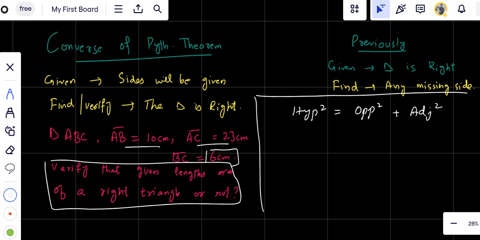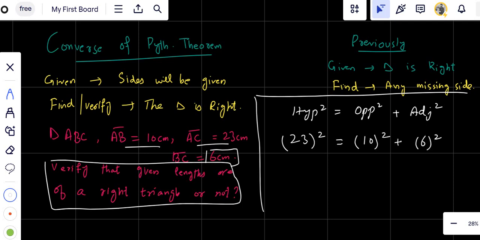Exactly, the largest side is 23 here. So this is the hypotenuse, and you can consider 10 adjacent and 6 opposite, or the other way around. It doesn't matter. So it is 23 square, then 10 square plus 6 square.